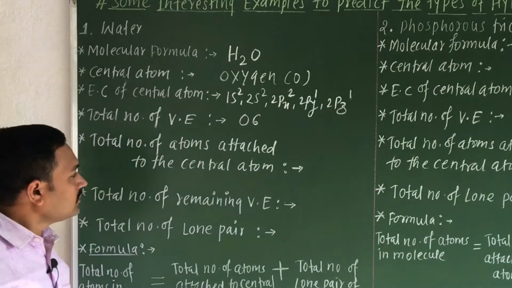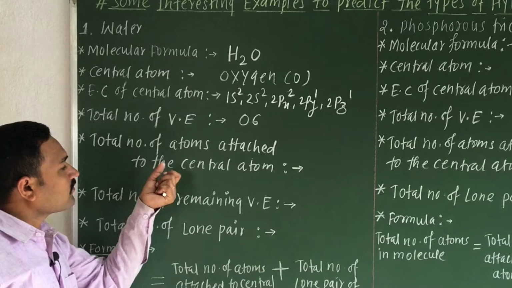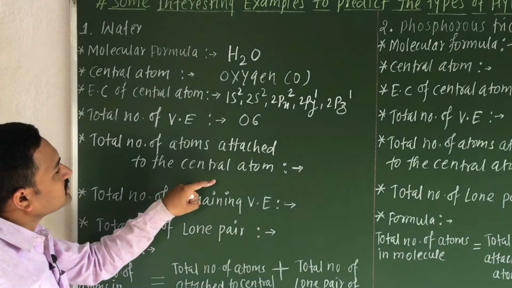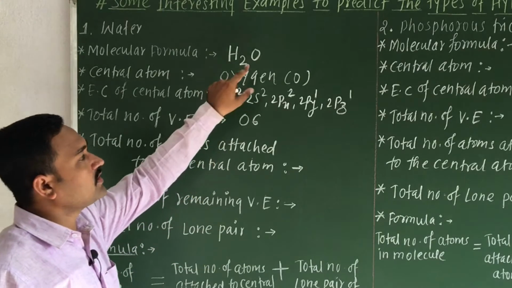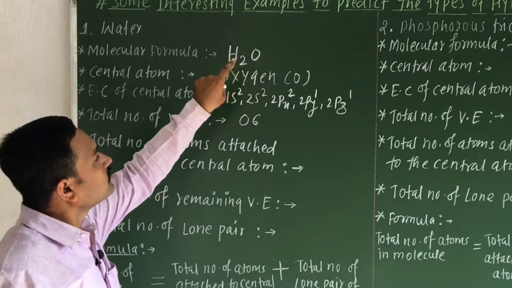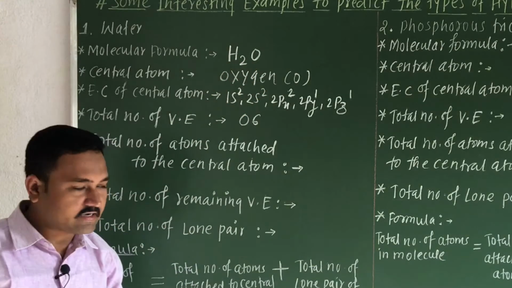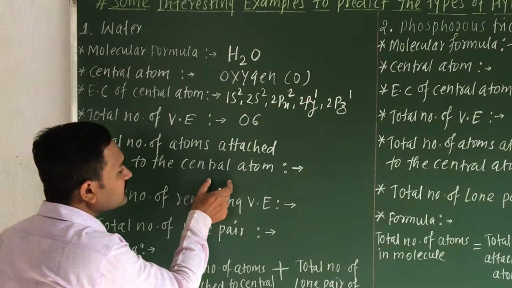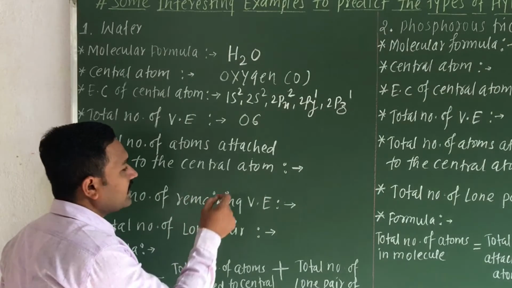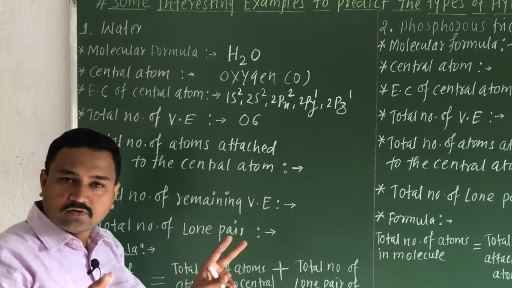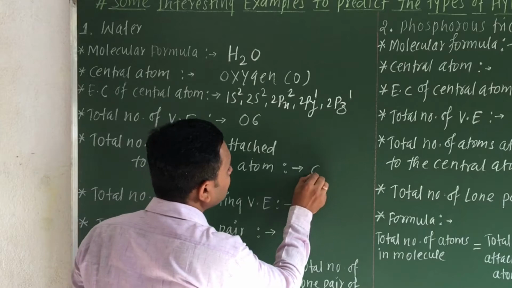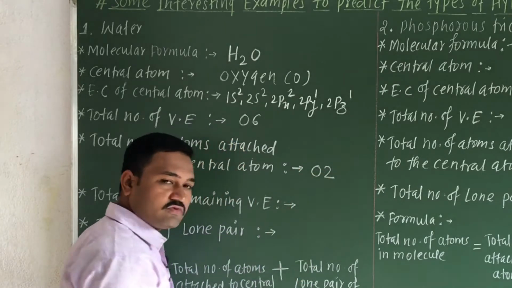Now, the total number of atoms attached to the central atom: oxygen is the central atom, to which two hydrogen atoms are attached. Here we are considering the total number of atoms attached to the central atom, not the bonds. So the total number of hydrogen atoms attached is equal to 2.